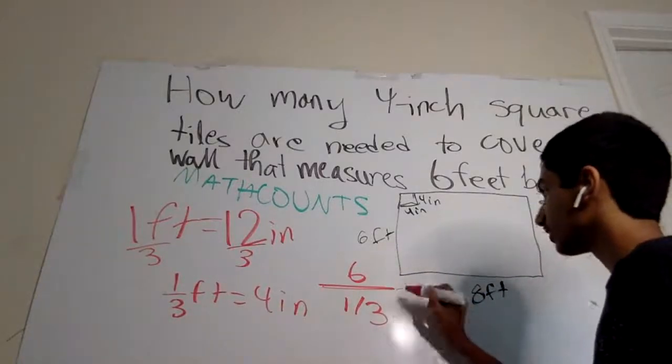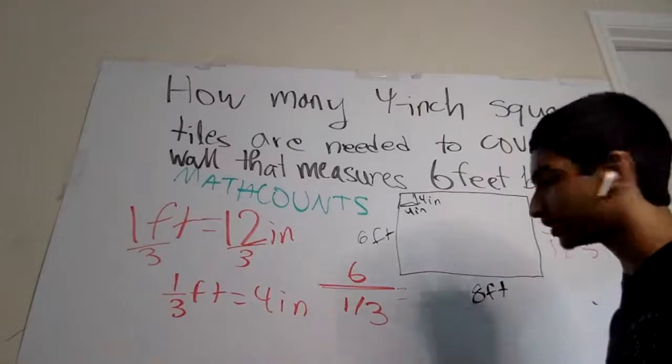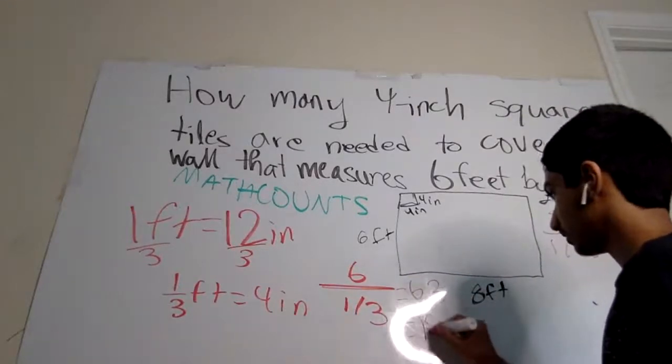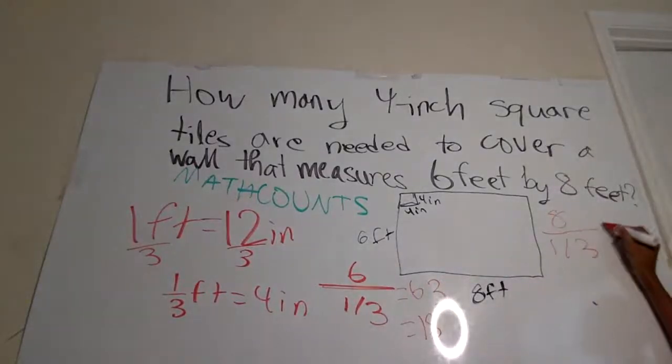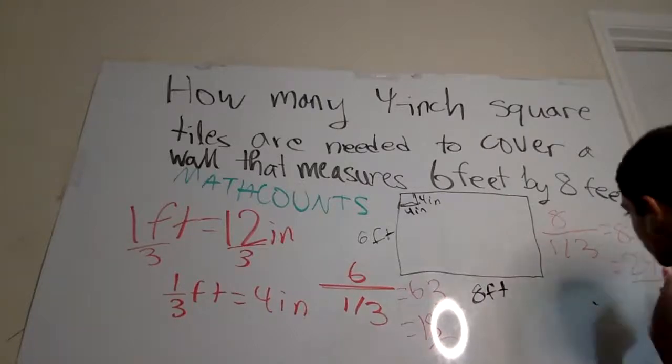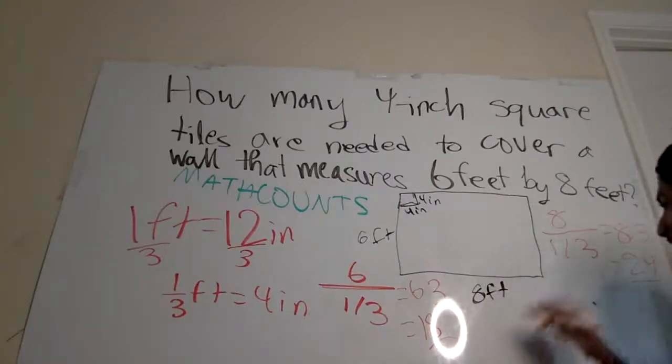So 6 over 1/3, 1/3's reciprocal is just 3. So that's just 6 times 3, which is 18. And 8 over 1/3, that's just 8 times 3, which is 24.